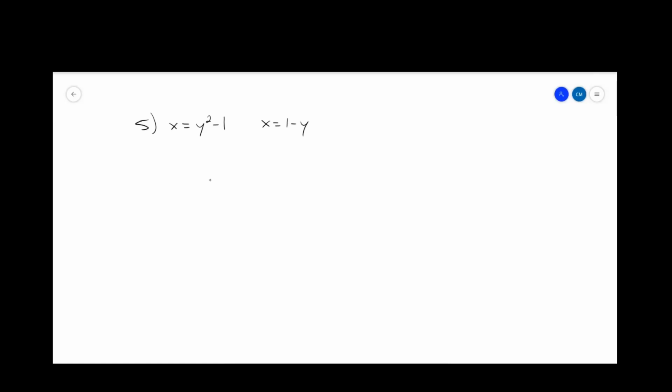Okay, so how do we graph x equals y squared minus 1? What kind of function is that? Or what kind of graph does it make? You guys remember that?